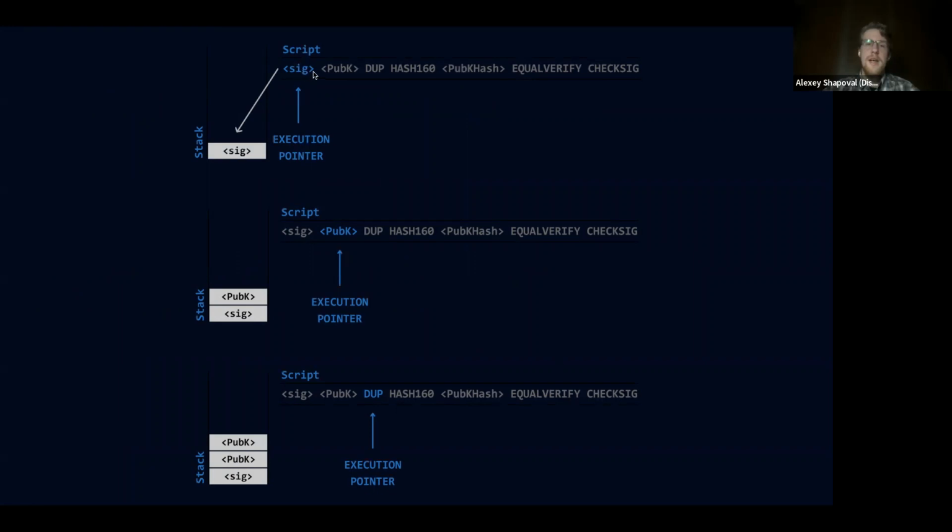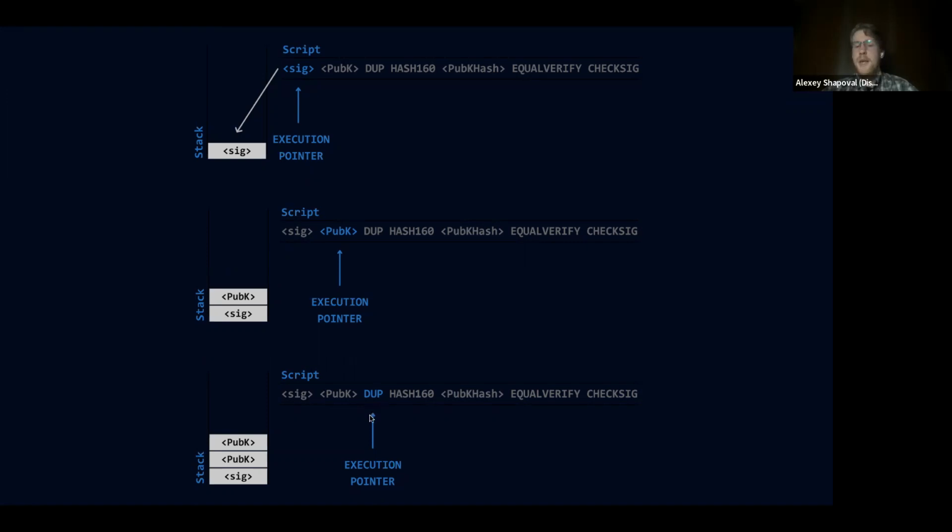And of course, we only mark it as sig, but in reality, this would be an actual signature value, like a hexadecimal signature value. So we see the signature here, put it in the stack, and move to the next step. The next is the public key. Put this as well in the stack.